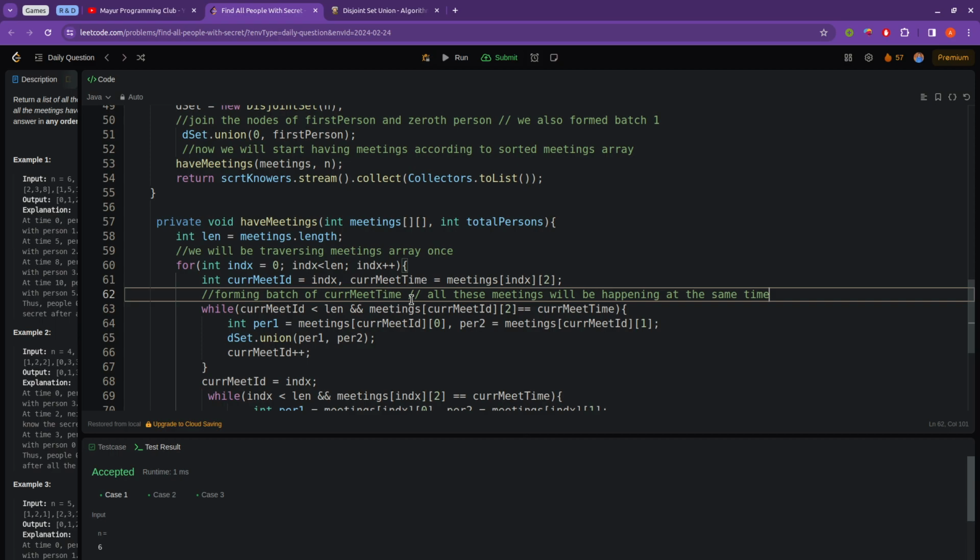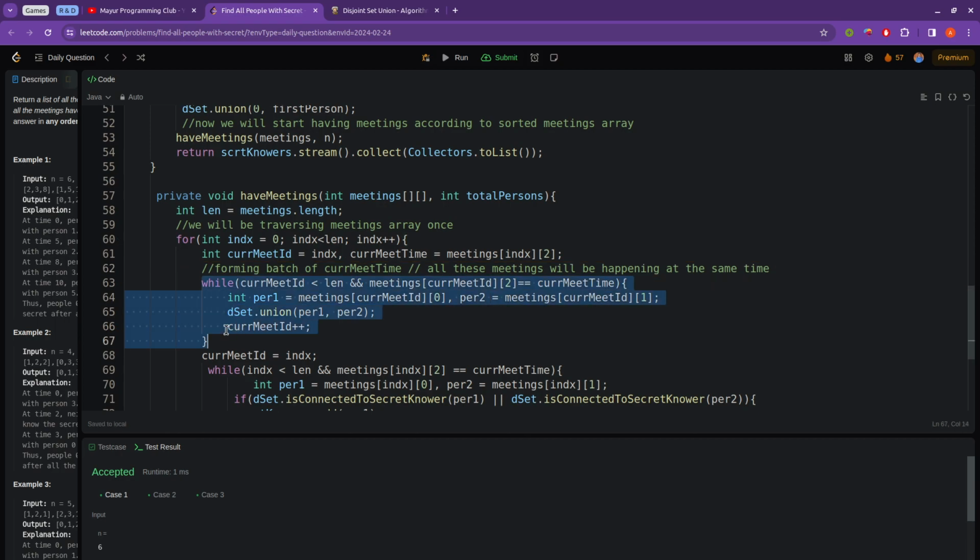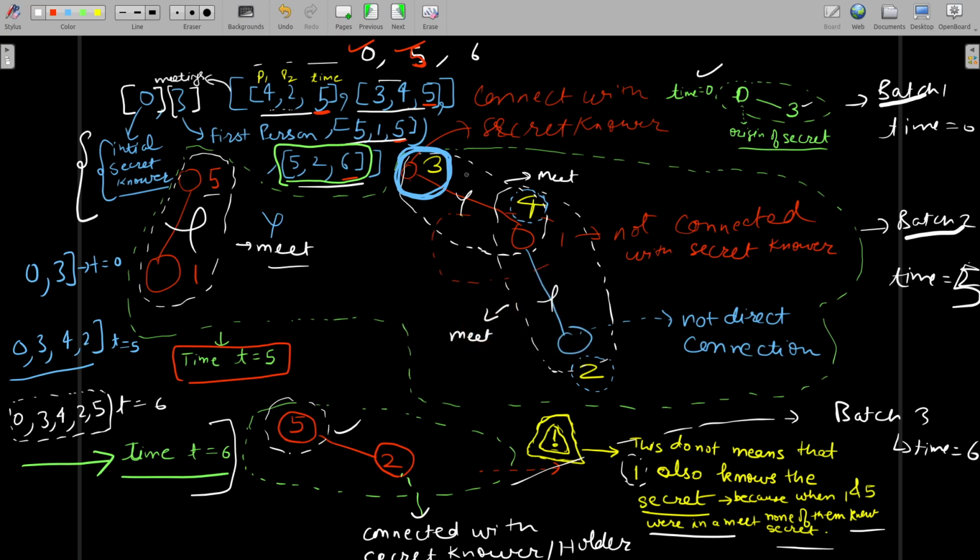Okay, so when these meetings are happening, we will use a function of disjoint set, which is disjoint set union, to put all these meetings that are happening into a single batch. Okay, so everything will be joined as of now.